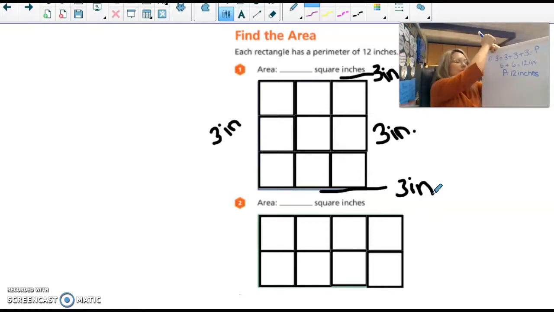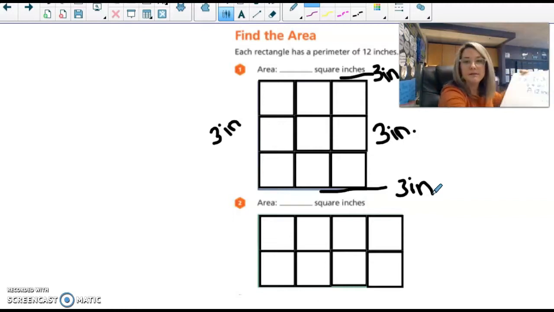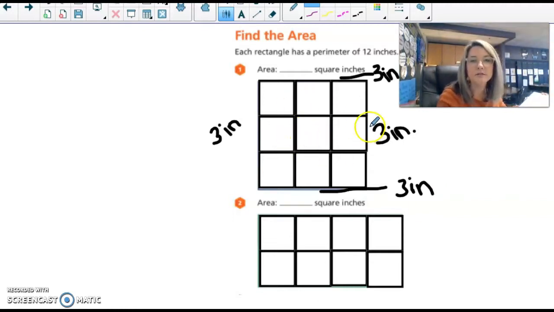All right. So what's the area of this rectangle here? So the area is the inside, so we count the square units inside, or we can multiply 1 length times 1 width. 3 times 3, 3 groups of 3, I can see that here is 3, 6, 9 square inches.